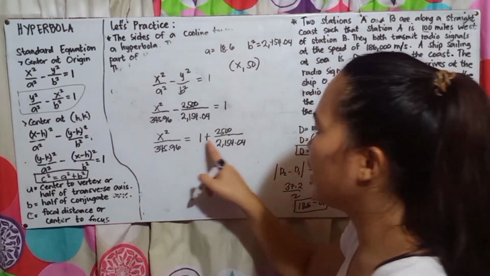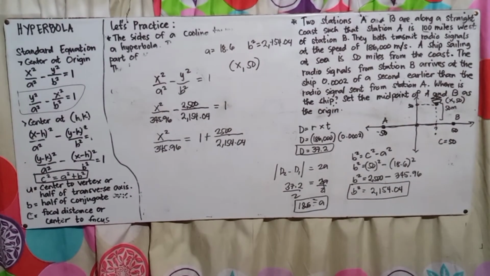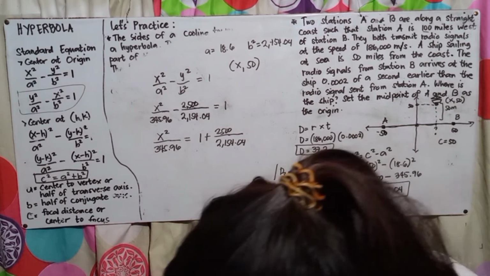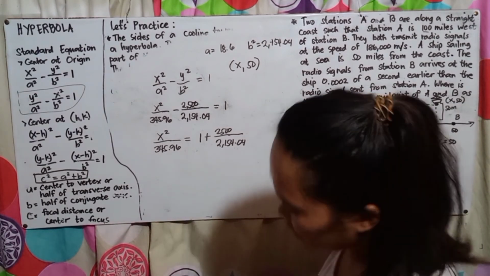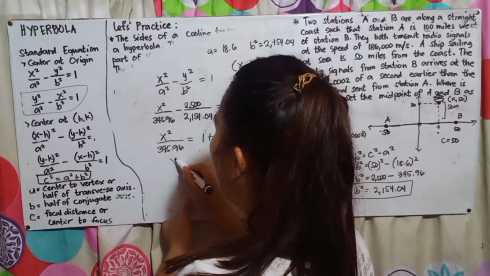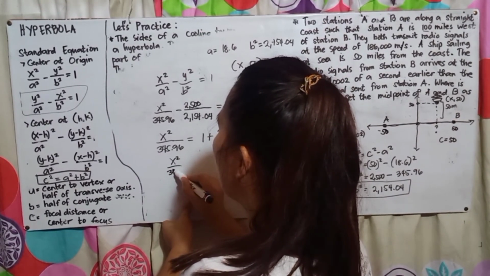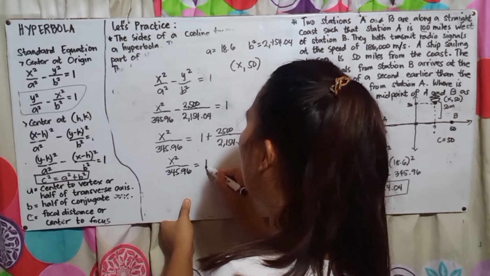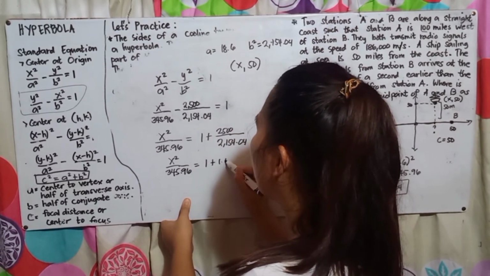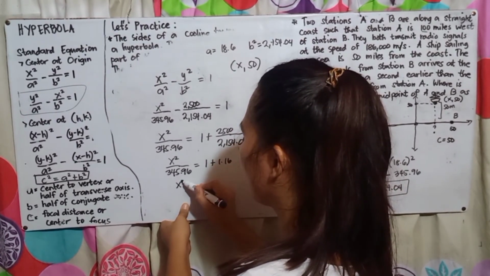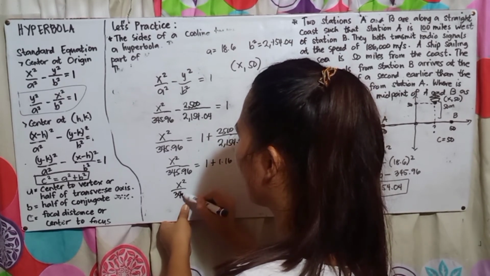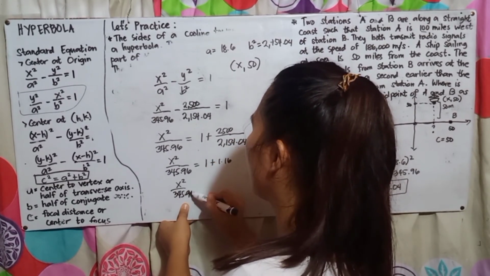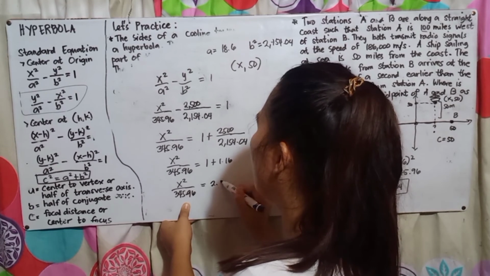Then we add, rounding off to 2 decimal places. It becomes x squared over 345.96 equals 1 plus 1.16, equals 2.16.